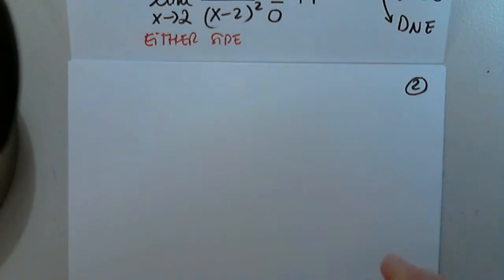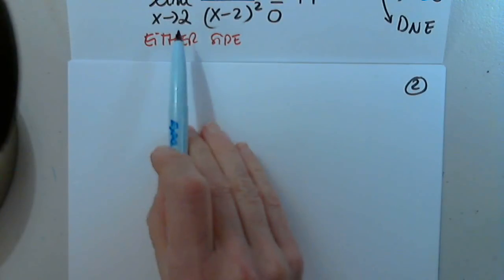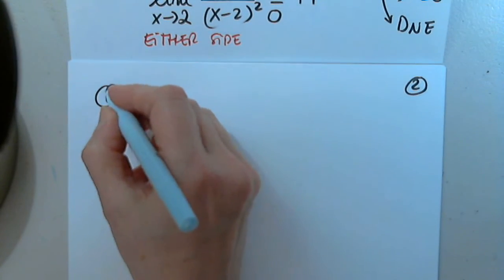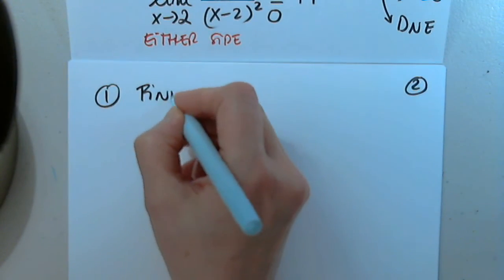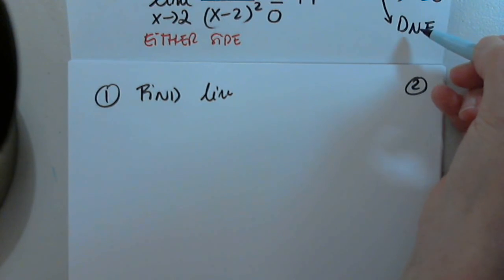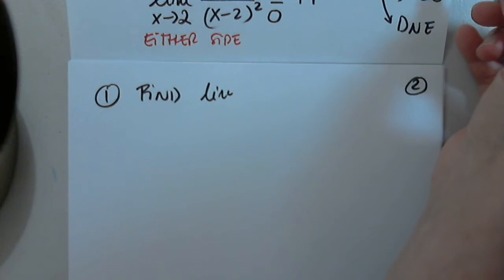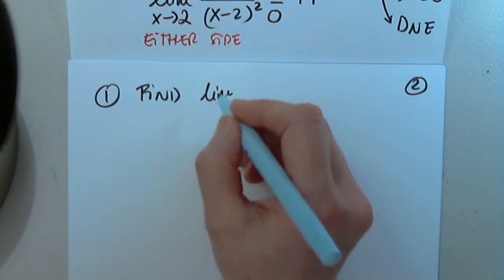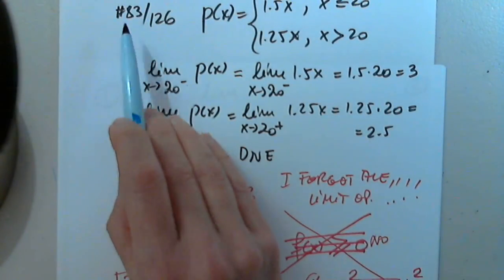Okay, good. So if the limit is from either side, number one, I have to find the limit because I cannot decide. That's the problem. I cannot say this, this, or this in this situation. So I have to find the limit like we just did here with problem 83.